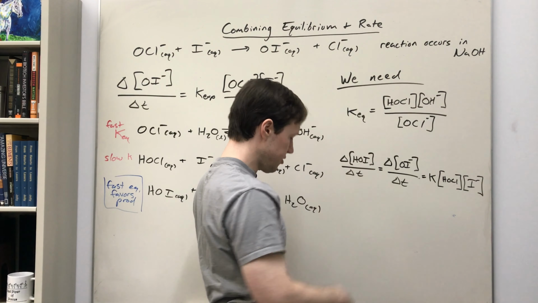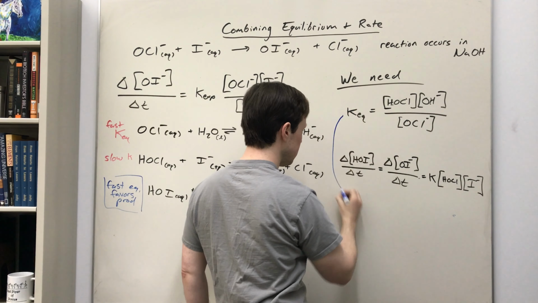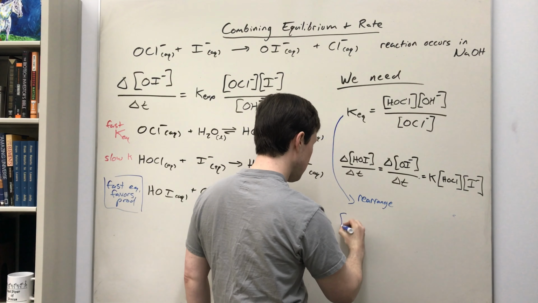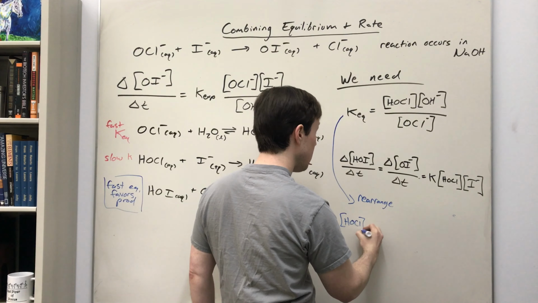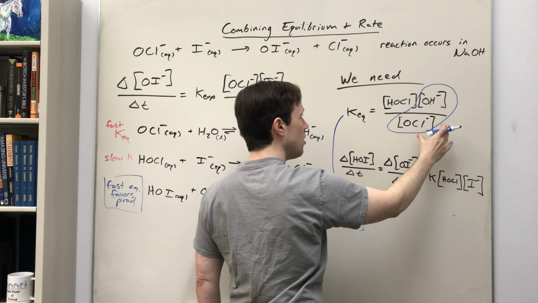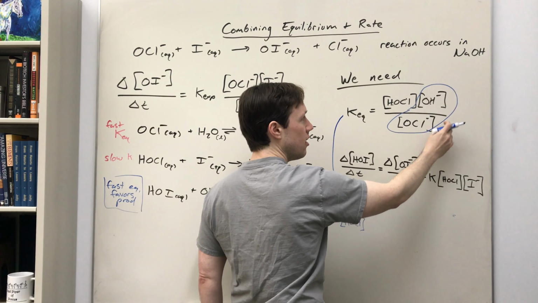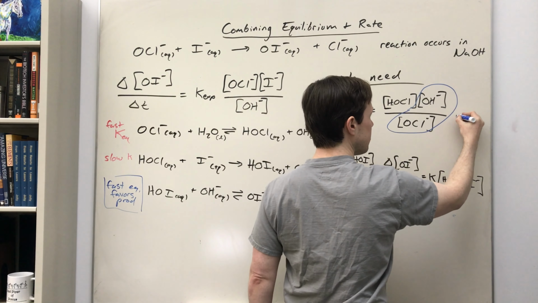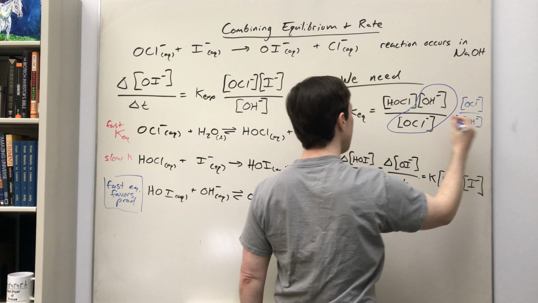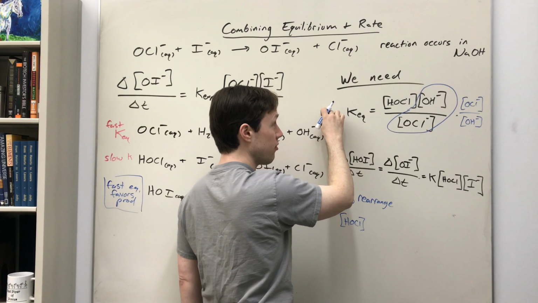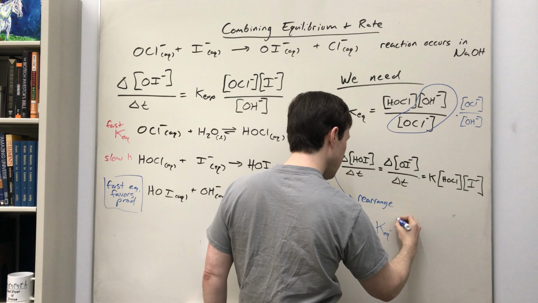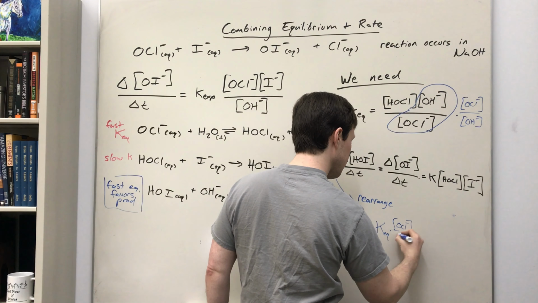So let's rearrange that KEQ. So we're going to multiply both sides of the equation by the inverse of this. That will cancel it out on this side, and when we multiply it over here, it will give us our KEQ times those values.